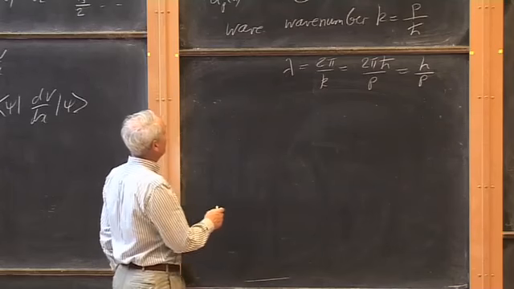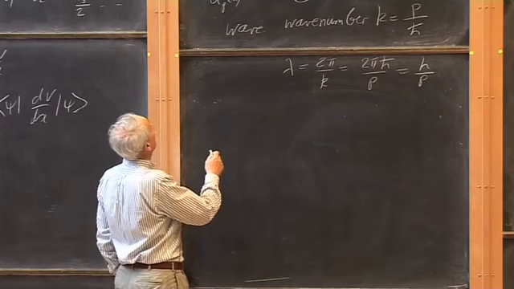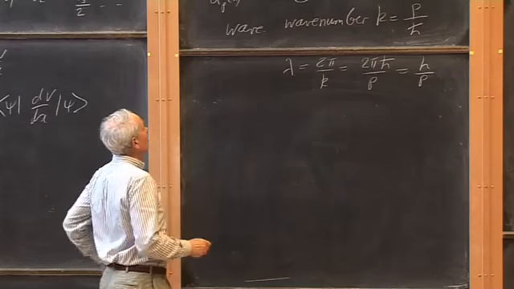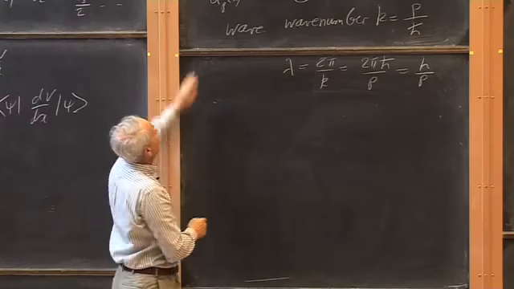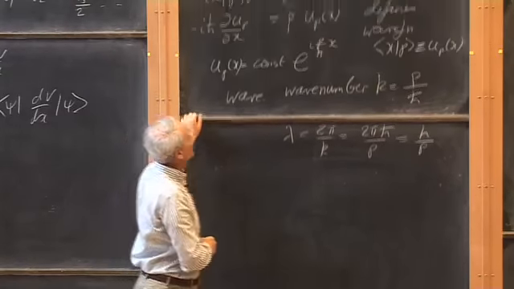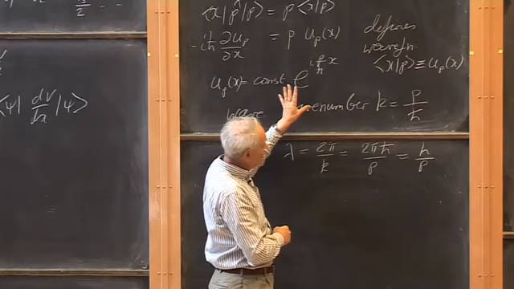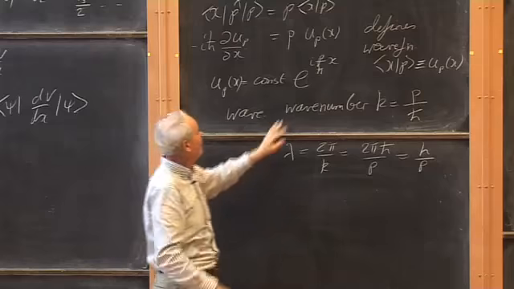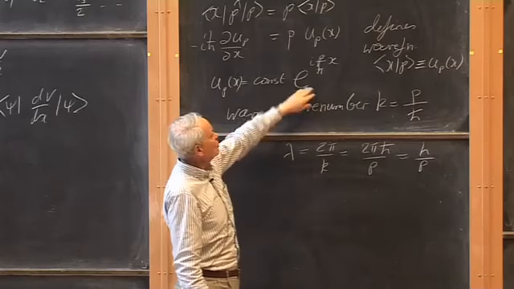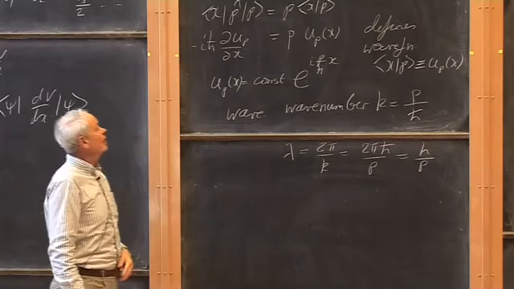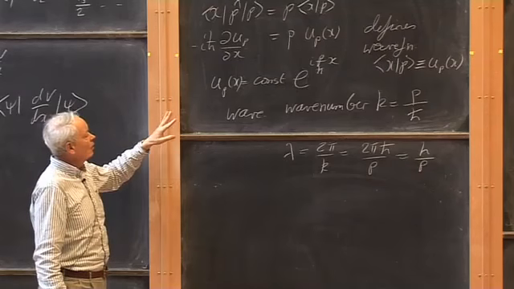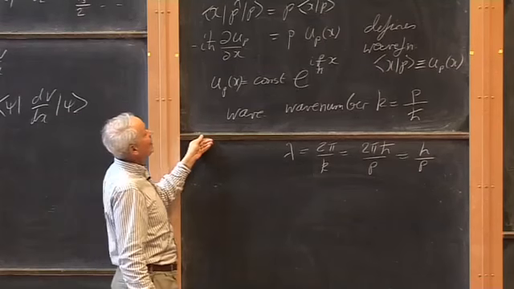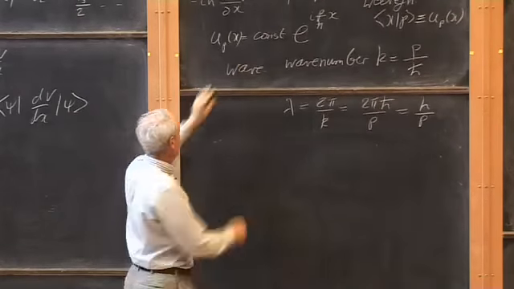What else can we say? If we're in a state of well-defined momentum, the result of measuring momentum is certain, so you do know the momentum, then your wave function looks like this, which means that the probability density is independent of space.